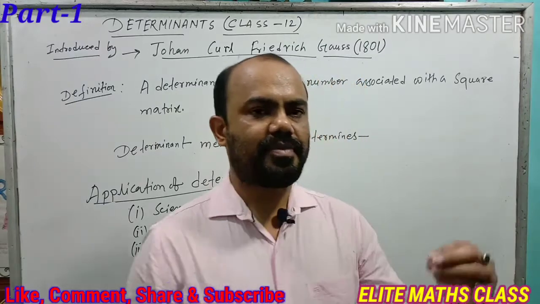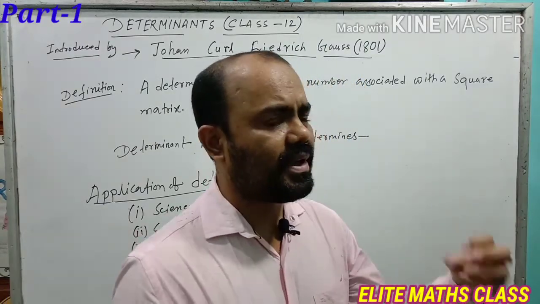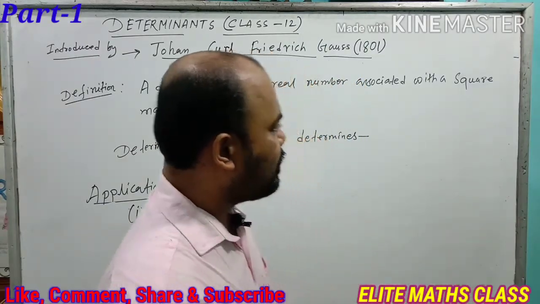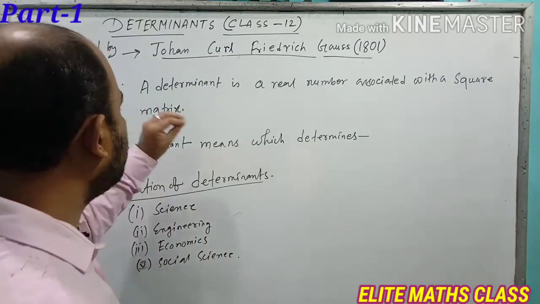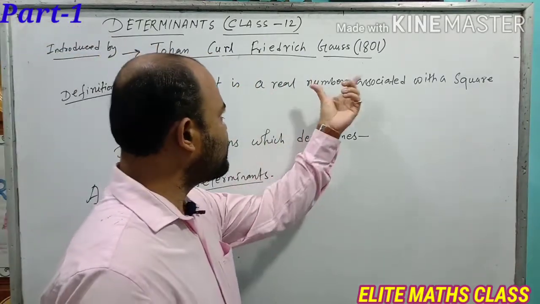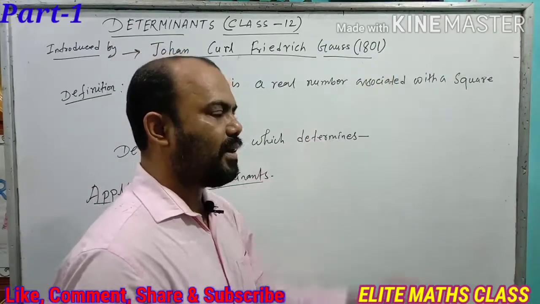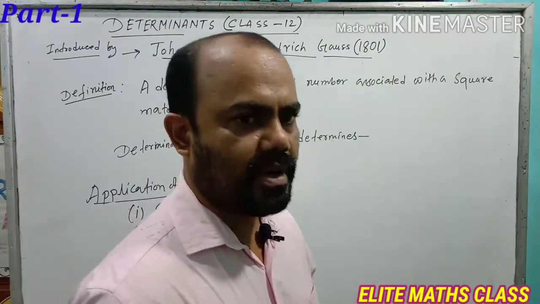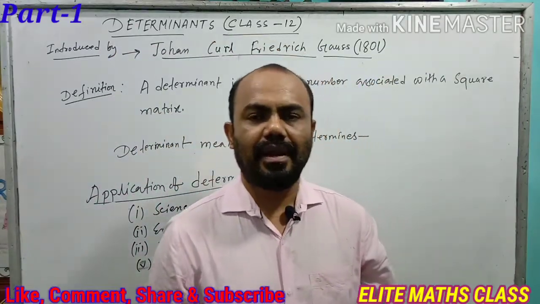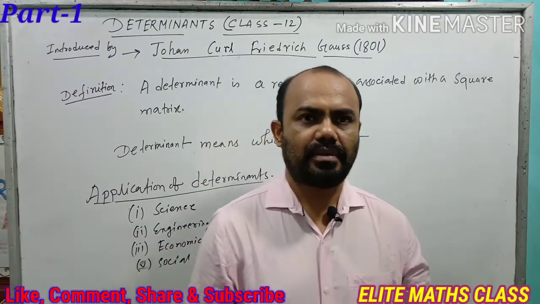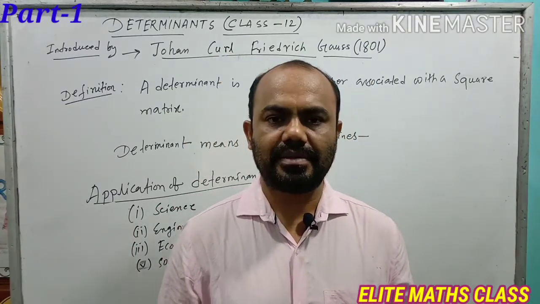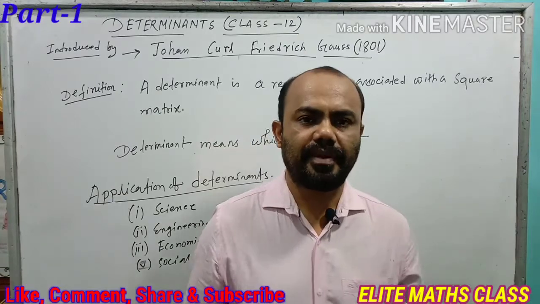Actually the concept of determinant is very old, but before it was introduced by Carl Friedrich Gauss in 1801, there was the concept of determinants by many mathematicians like Vandermonde, Laplace and Lagrange. They did some work on determinants.